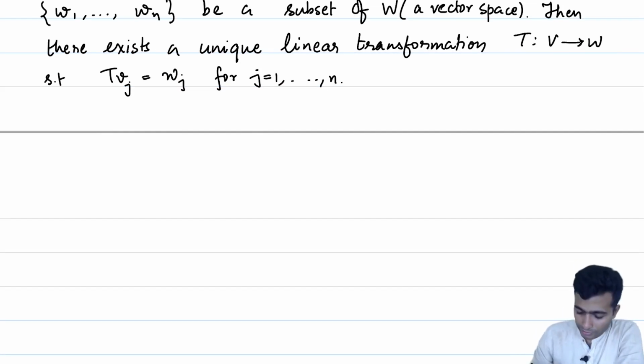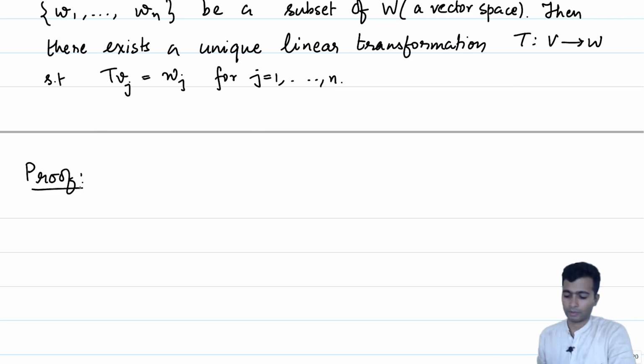Let's give a proof of this theorem. There are two things to be shown. Not necessarily in that order, but we will do it in this order. First, we will show that the linear transformation is unique, if at all it exists. And then we will show that there exists at least one such linear transformation.